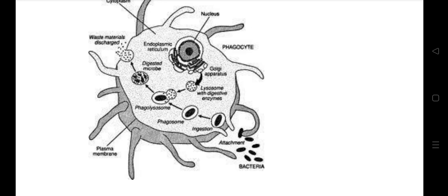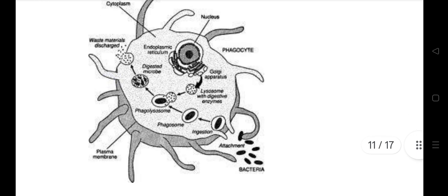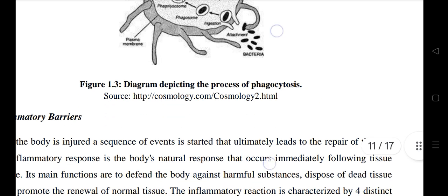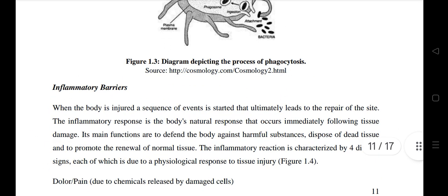Phagocytosis produces lysosomes with digestive enzymes. Golgi apparatus produces these lysosomes. Nucleus, phagocyte, digested molecule. Endoplasmic reticulum is also there. Waste materials discharged into the outside. Outside in the sense into the cytoplasm. Yeah, extracellular matrix, I guess.